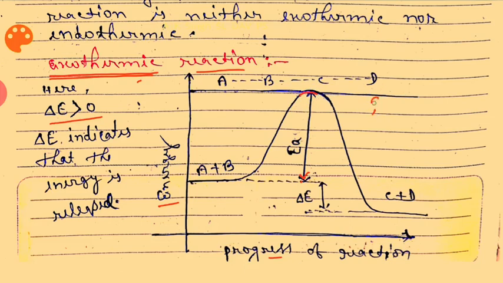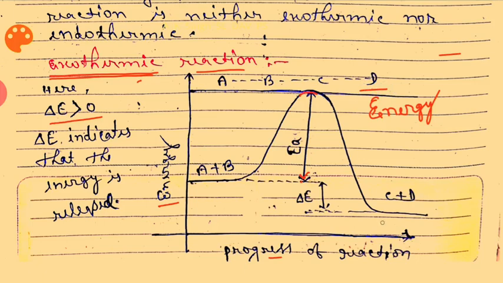This graph clearly indicates what is it. It is energy barrier, and here both reactants and products are in equilibrium, means A dot dot B dot dot C dot dot D. It is activated complex.